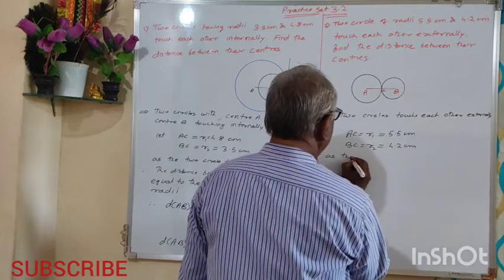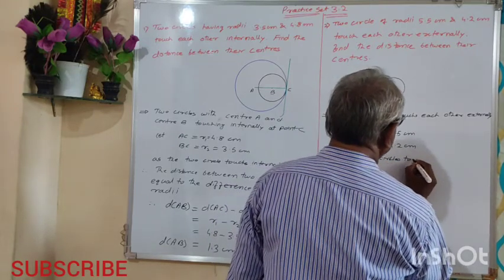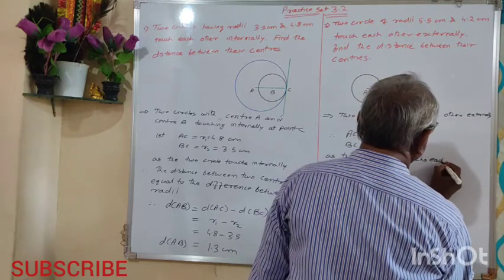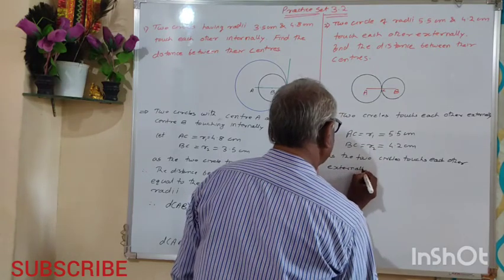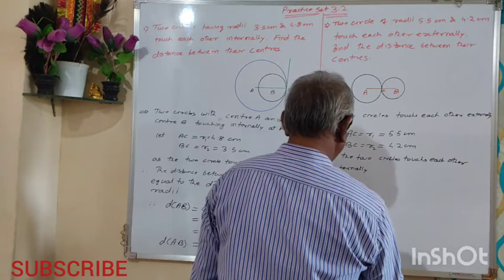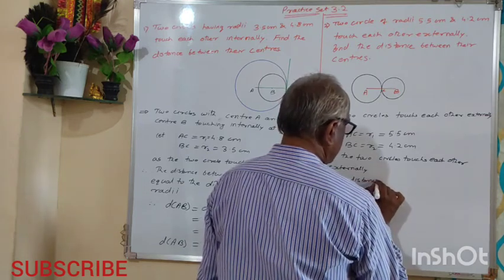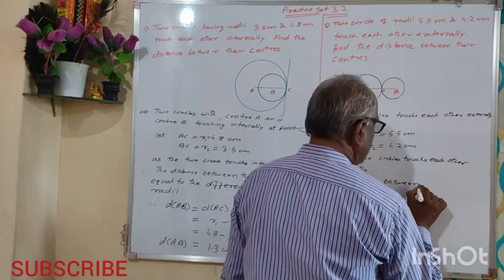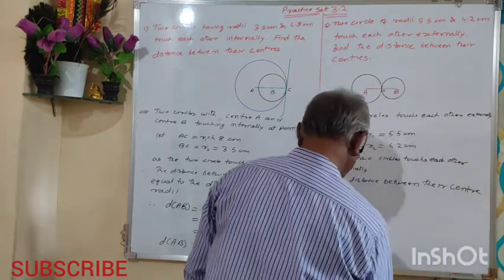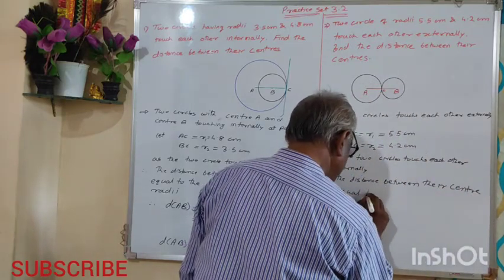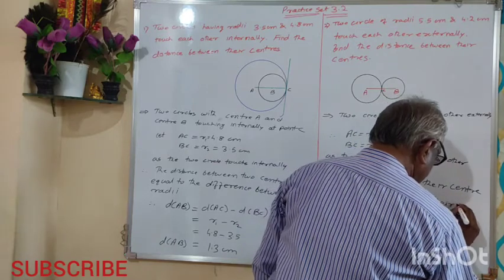As the two circles touch each other externally, therefore the distance between their centers is equal to the sum of their radii.